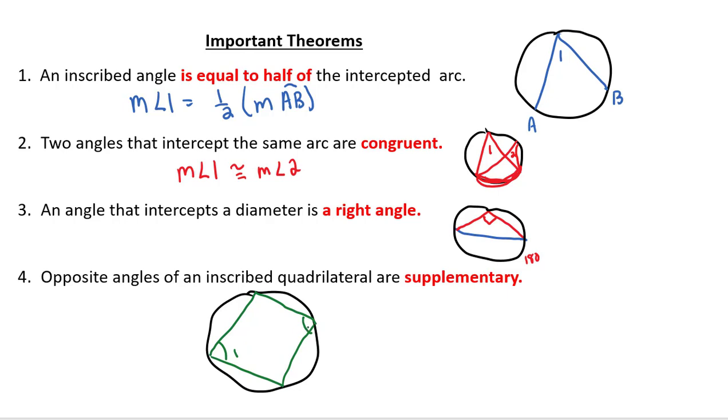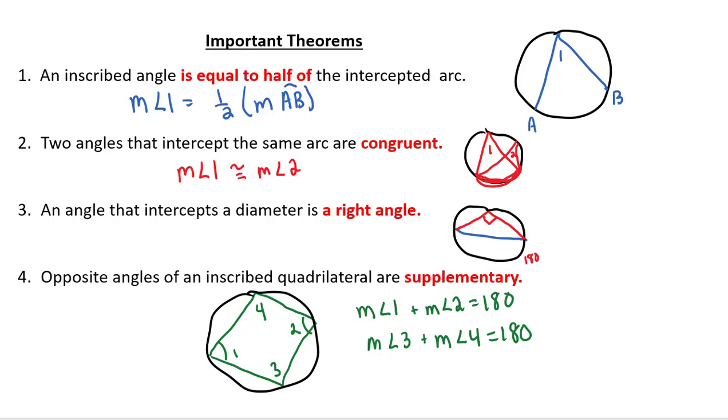Let's call that angle 1, angle 2. So the measure of angle 1 plus the measure of angle 2 equals 180. Same thing would happen over here with 3 and 4. The measure of angle 3 plus the measure of angle 4 also equals 180.